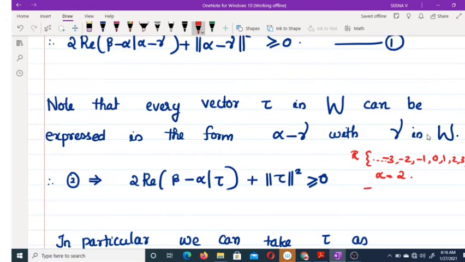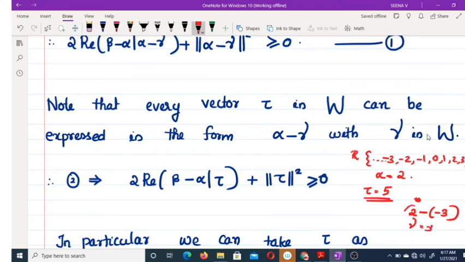And if tau equals 5, this 5 you can write as 2 minus minus 3, so you can take gamma equal to minus 3.